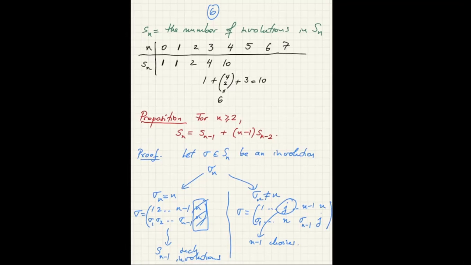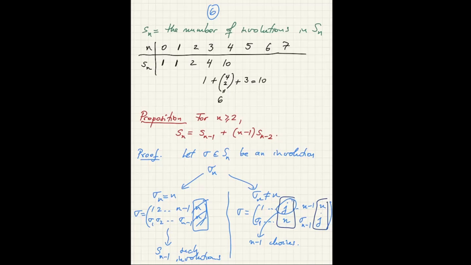And then when we ignore what the permutation does to j and what it does to n, we get a permutation on n minus 2 elements. It's not on the set 1 to n minus 2, but the number of such permutations is going to be the same as the number of permutations on the set of n minus 2.